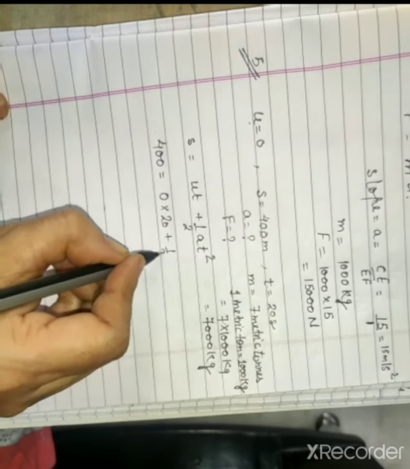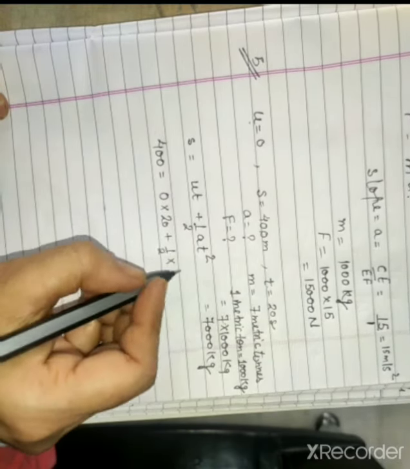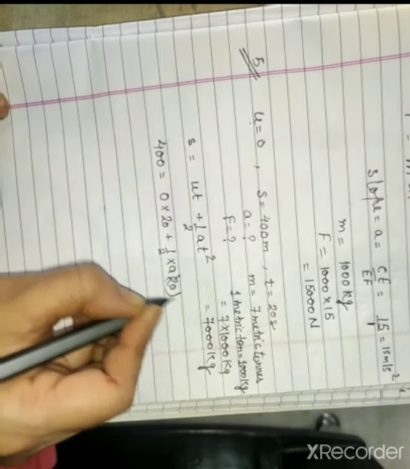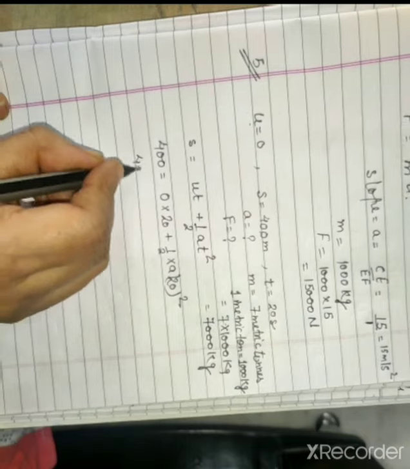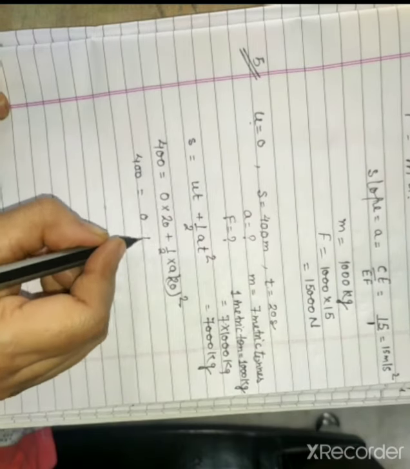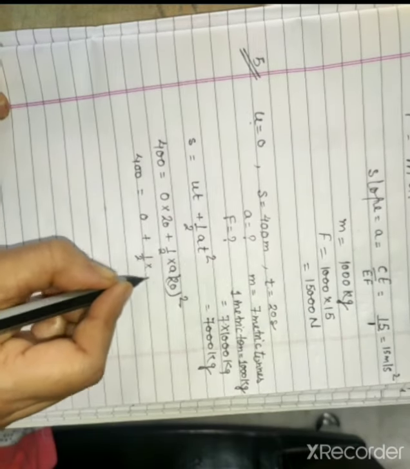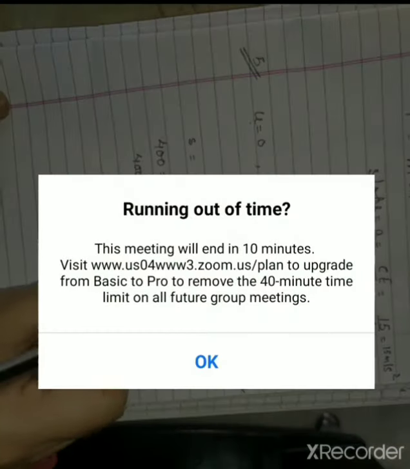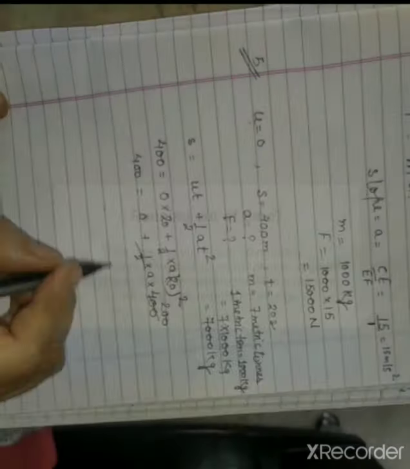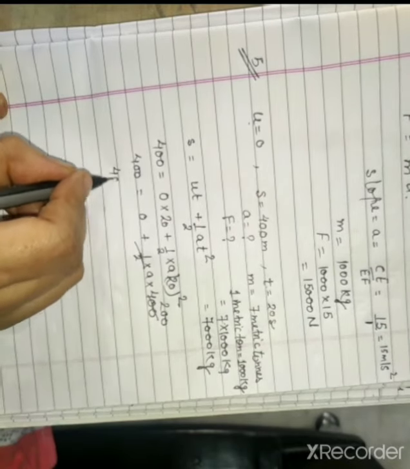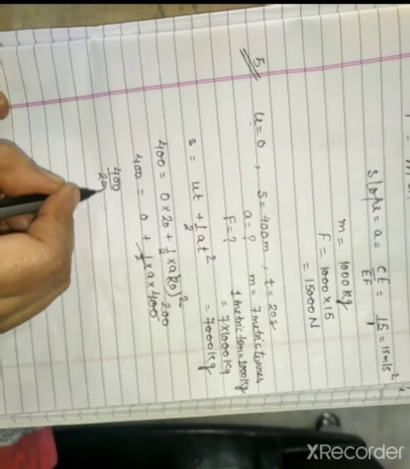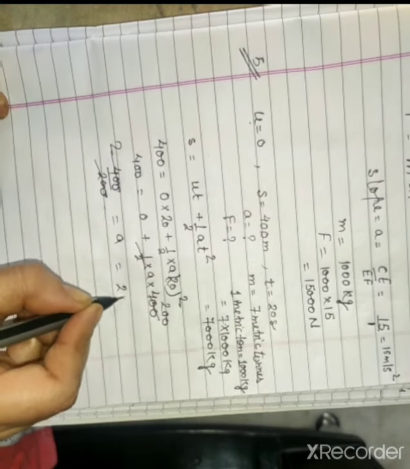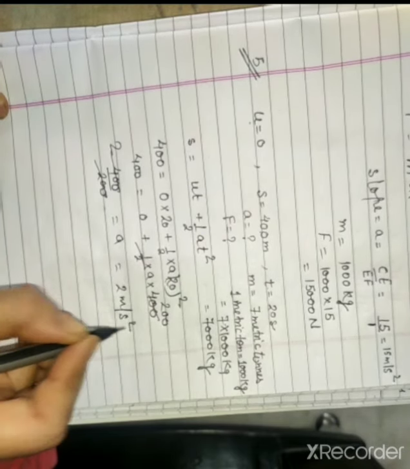So 400 is 0 plus 1 upon 2 into a into the square of 20, which is 400, half of it is 200. So 400 upon 200 is equal to a. Acceleration is 2 meter per second square.